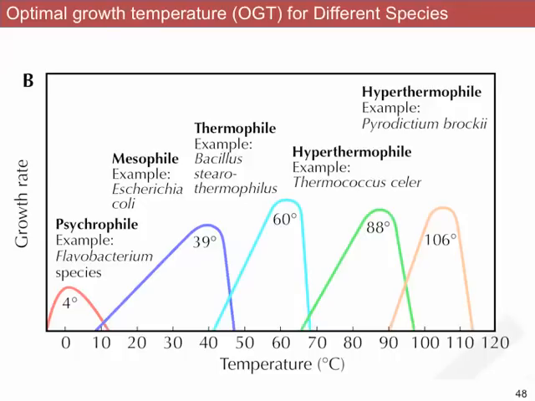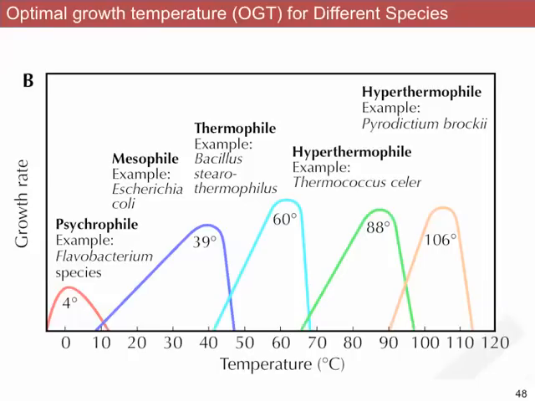They're called psychrophiles when they grow at low temperatures. Mesophiles are basically the normal temperature organisms, or the organisms that grow around the temperature that we like. So E. coli, which lives in our gut, happens to like the temperature that we are at, 37 or so degrees Celsius.